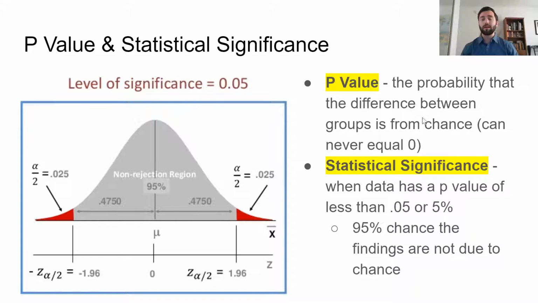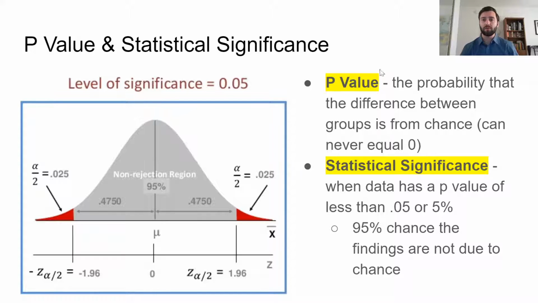Or is it because they're part of that larger group, because it's applicable? One important thing is you can never have a p-value of 0. The reason is that we can never be 100% sure that it isn't due to chance. It's impossible. But the lower the p-value is, the better.